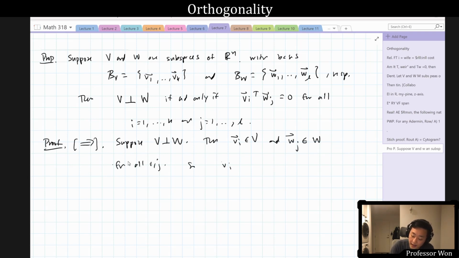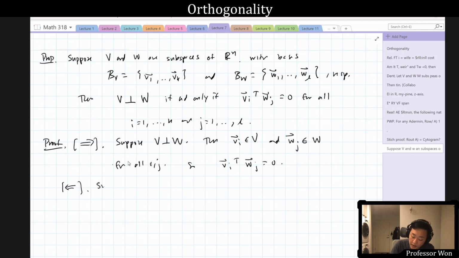So Vi transpose Wj is equal to 0. Of course, the subspaces being orthogonal is actually much stronger, it seems, because it says infinitely many vectors are orthogonal. So it's actually the converse where you have to do some work.